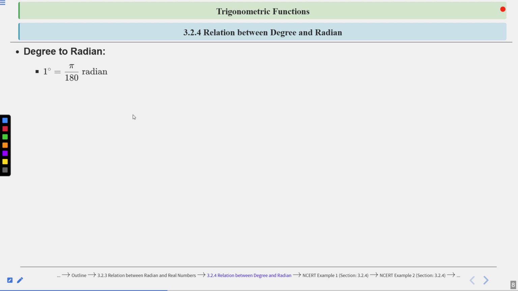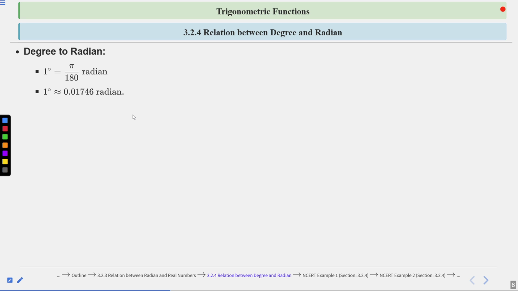Now, degree to radian. From the relation that 180 degrees is equivalent to pi radian, we get 1 degree is equivalent to pi by 180 radian. So 1 degree is approximately 0.01746 radians, just using your pi value, which is 22 by 7.